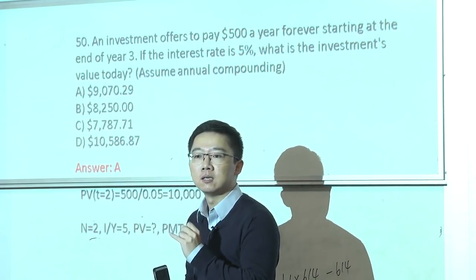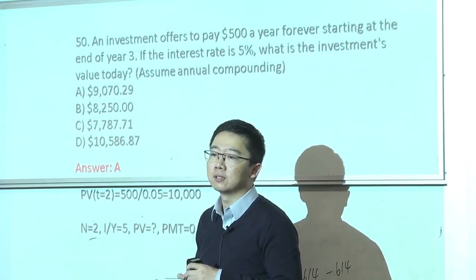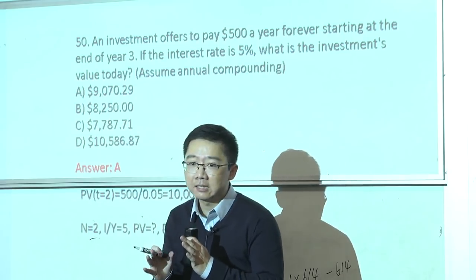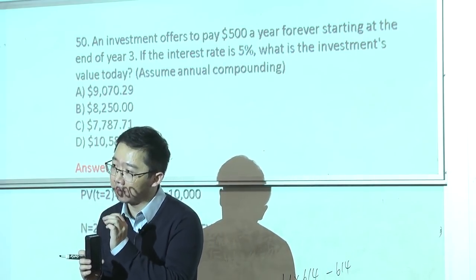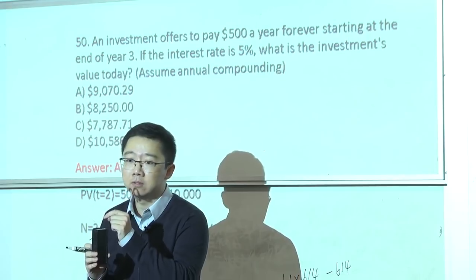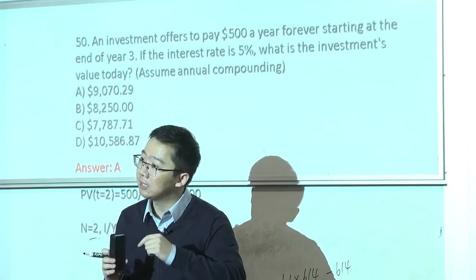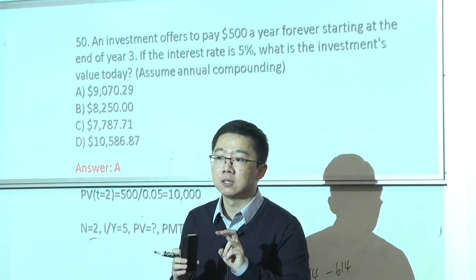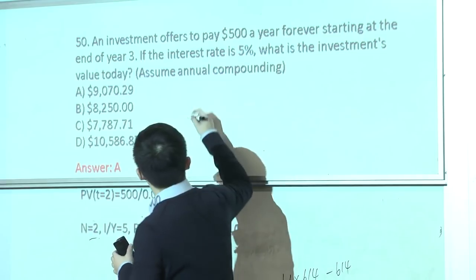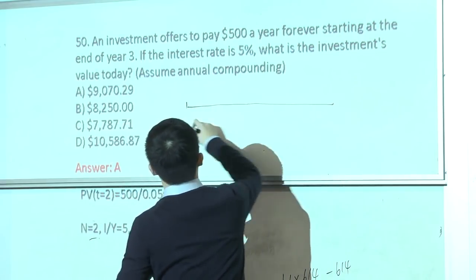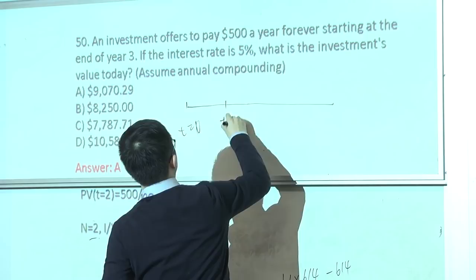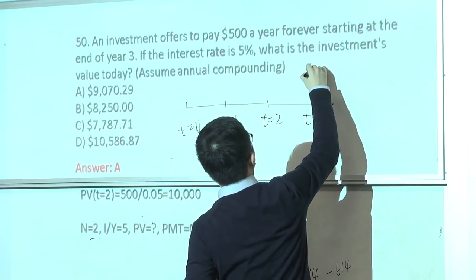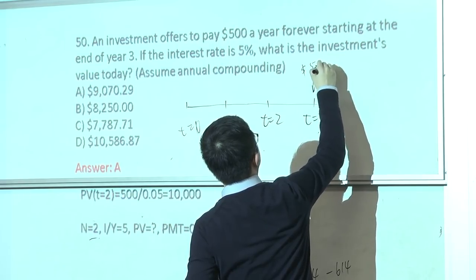Is the difference between a perpetuity with the first payment 1 year from now, minus the present value of an annuity with just 2 payments. Right? The first payment here, 500 from now on.